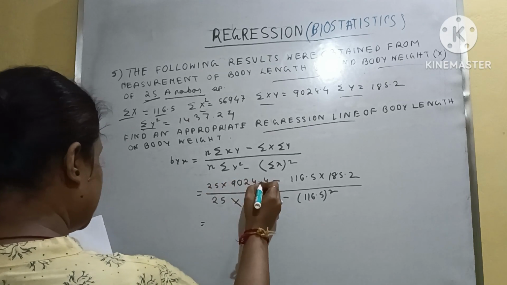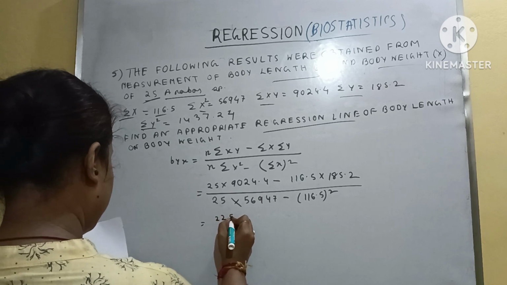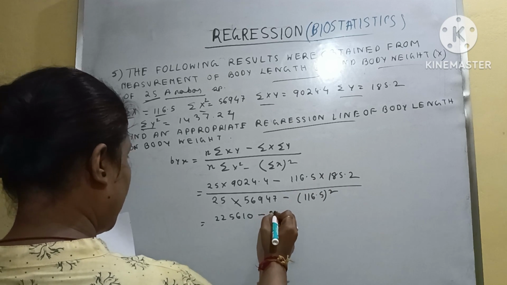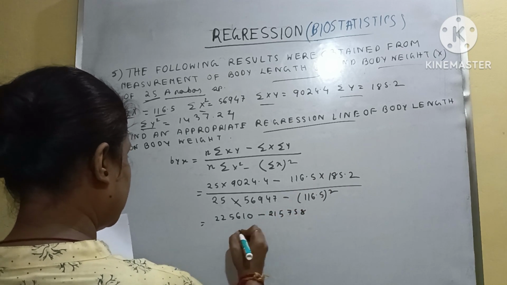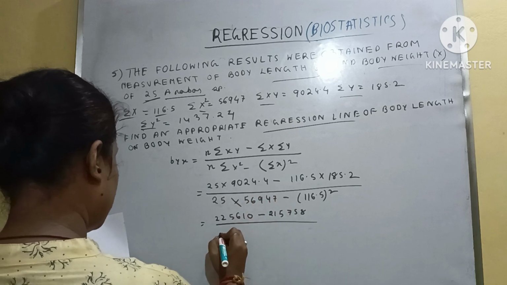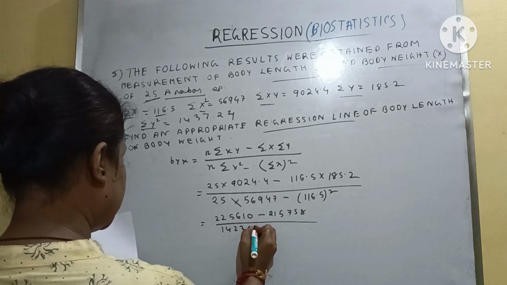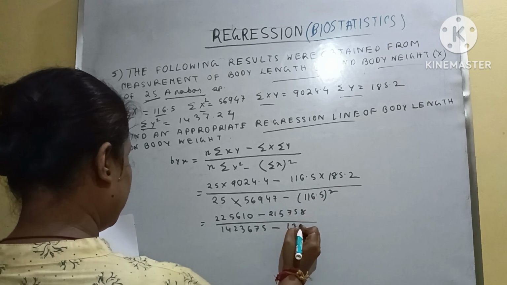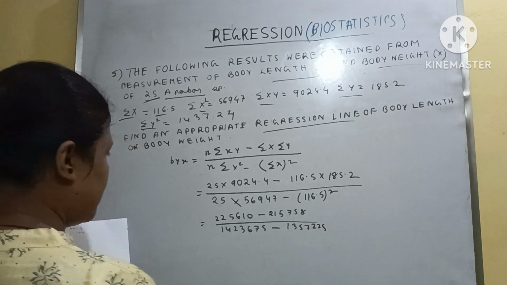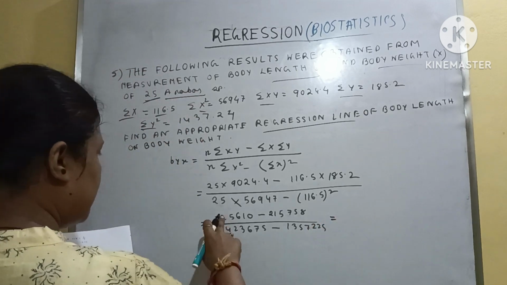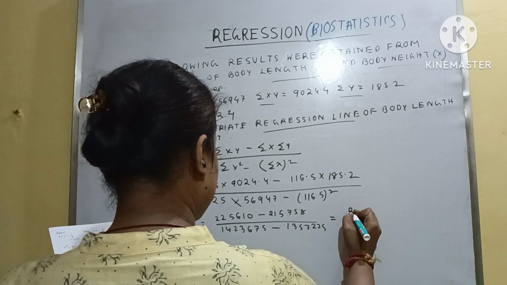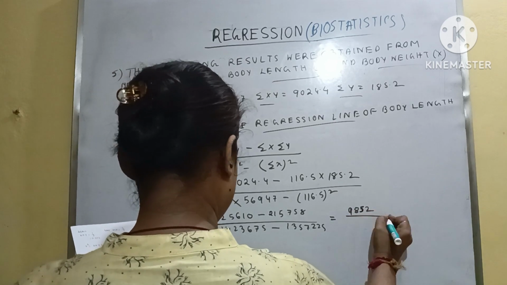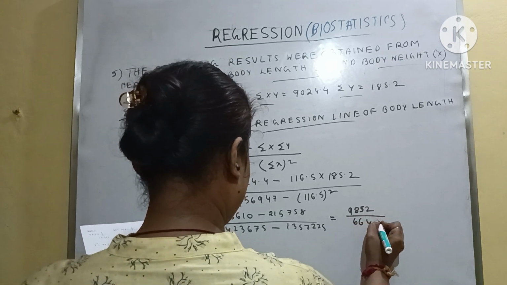Next, multiplying these, the answer is 225610 minus 215758. Here multiplying gives 1423675, and by squaring this we get 1357225. So by subtracting, the answer is 985252 divided by 66450.